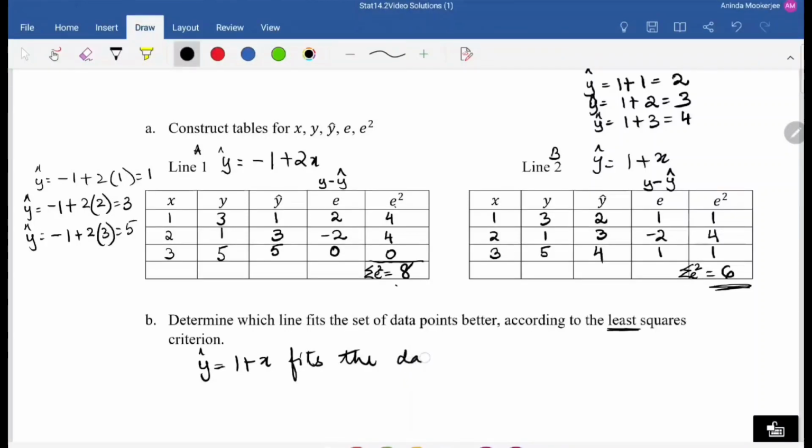Fits the data points better because, sorry, I wrote over the other word, because it has the smaller sum of squares.